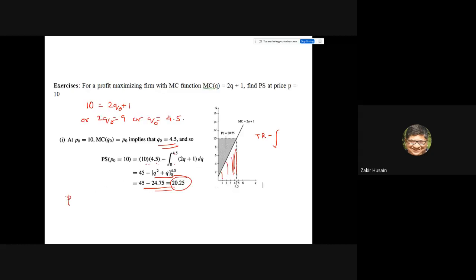Okay, so find out what is the producer surplus for price equal to 15. Yes, 15.